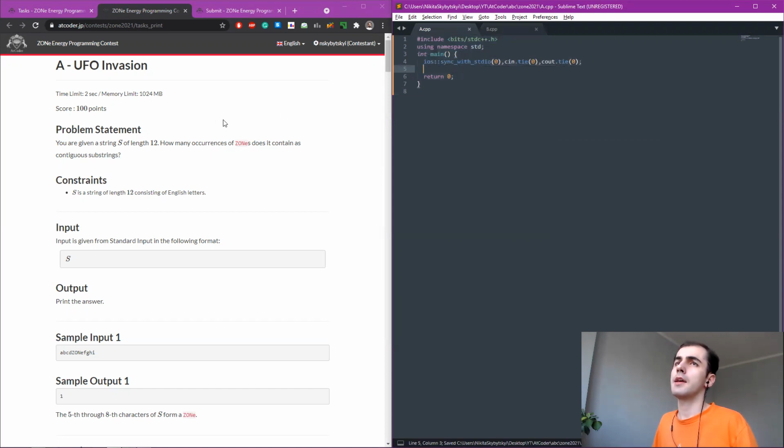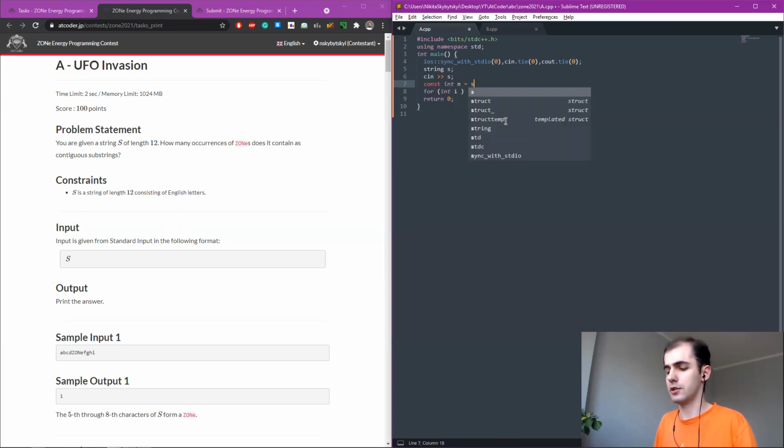For problem A, I believe the string is not all that long, so we can just say string s, read the string. We can even write a more general version where the length of the string is not fixed. Try something like this.